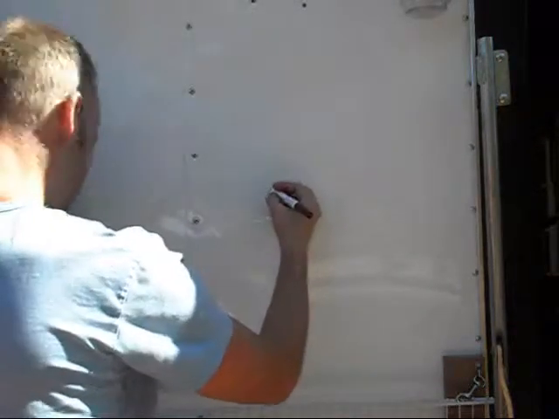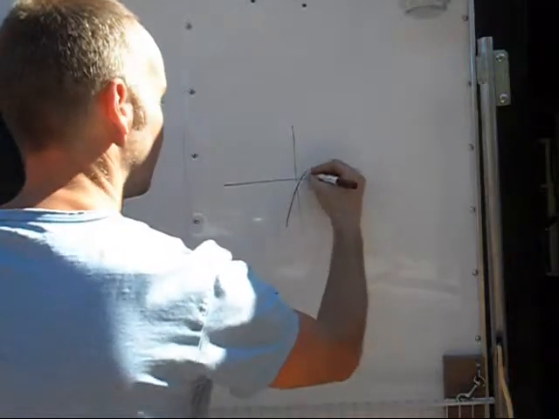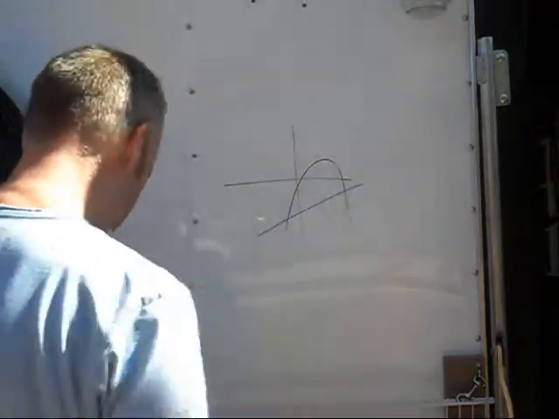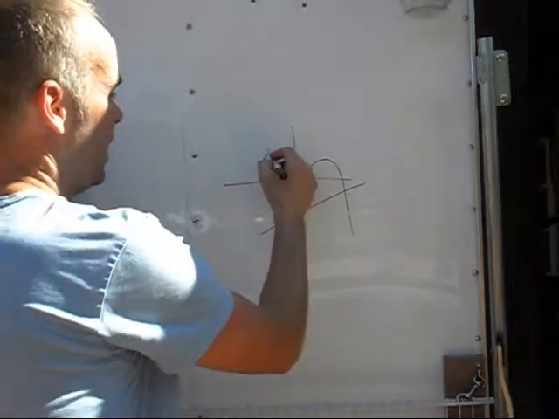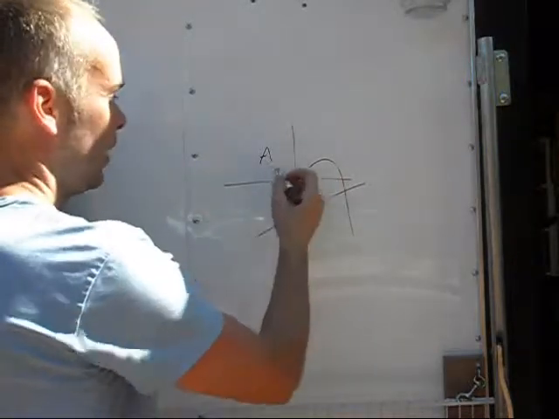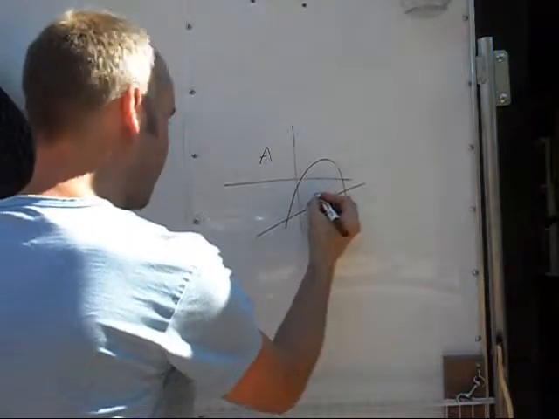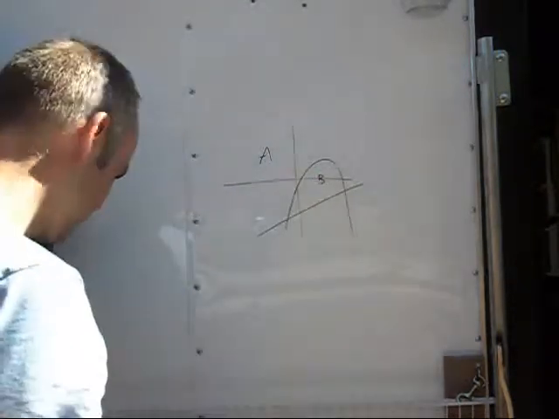So let's look at the first example, 114.1. We have something that looks like this. We have our parabola facing downward, and then some line here, and they're giving general areas. They have A, which is essentially everything above the parabola and above this line, and then we have B, which is everything in this enclosed space here.